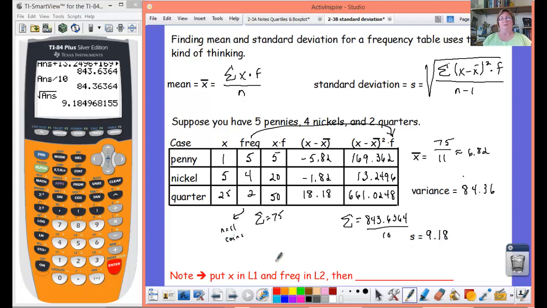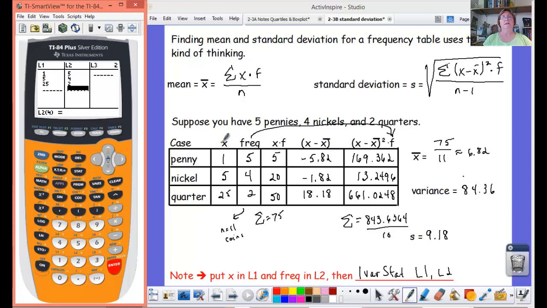So this also can be done in your calculator. The note says that you put x's in list 1, frequencies in list 2, and then it's one variable stats. Only this time, since you are using a list for frequency, list 1, comma, list 2. That assumes data values in list 1, frequencies in list 2. I'm going to set that up in my calculator and we'll just verify.